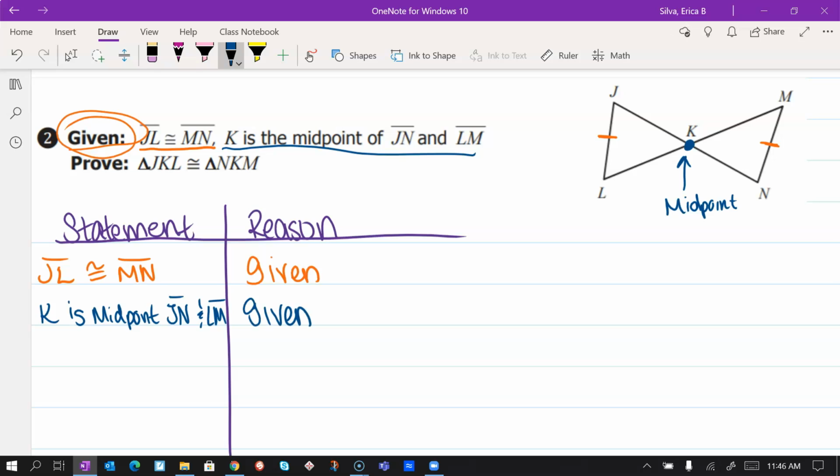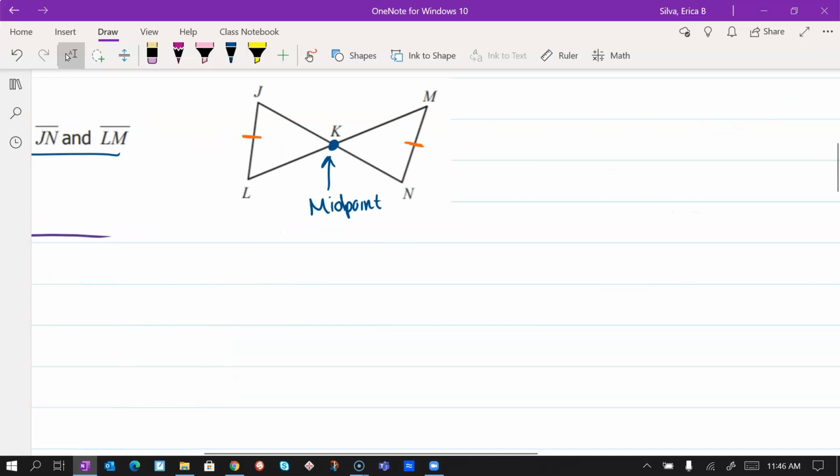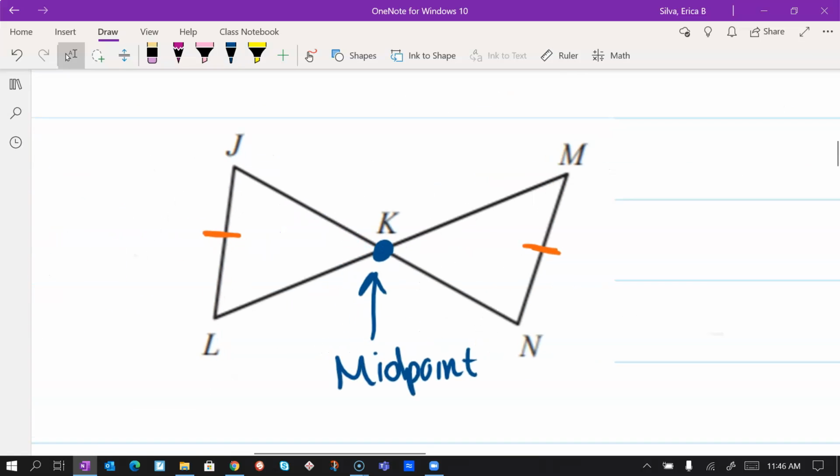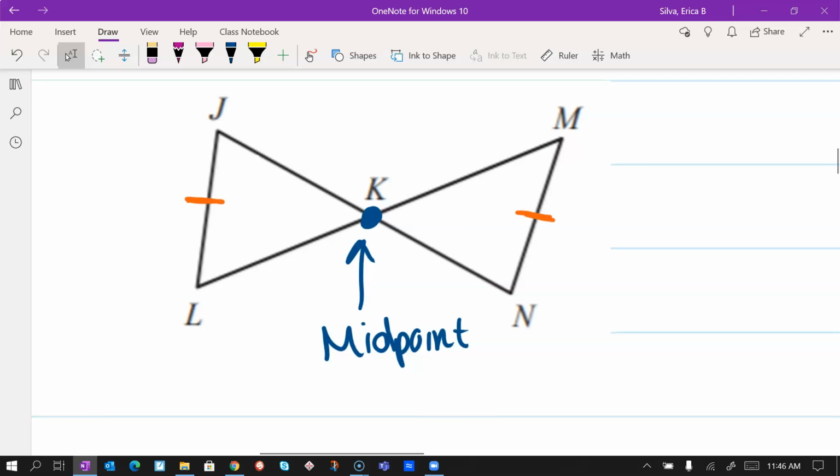So based off of that information, we're going to look at what other information we can get from the given one. So if we look at these two triangles and we look at this midpoint, what can we say about these two segments? They're equal. So this segment is equal to that segment.